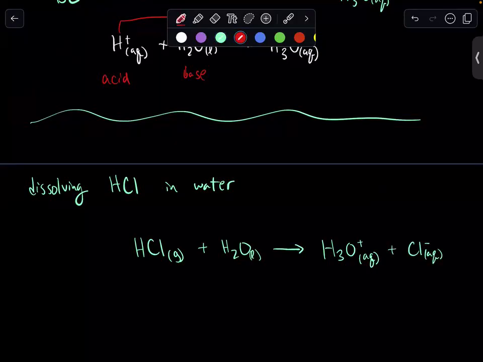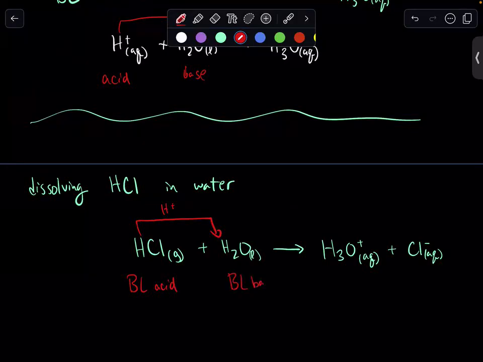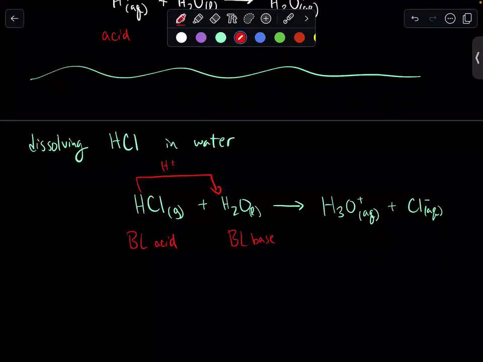You'll notice the hydrogen from HCl transfers to the water, and therefore this is our Bronsted-Lowry acid, and our water is our Bronsted-Lowry base. So this is what it looks like to donate a hydrogen in solution.